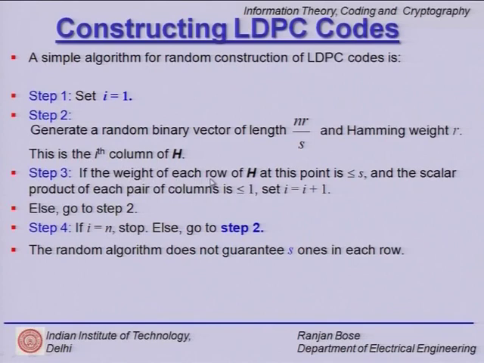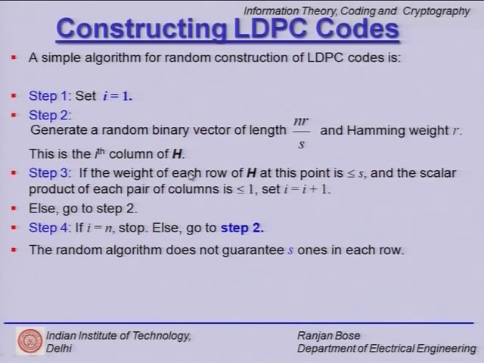If the weight of each row, so I put the column in place, but now I talk about the weight. If the weight of each row of H at this point is less than or equal to S, because S is the constraint I have, and the scalar product of each pair of columns is less than 1, then set i equal to i plus 1, that is, I go to the next column, else go to step 2.